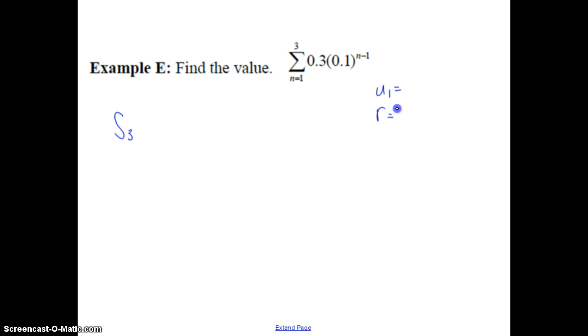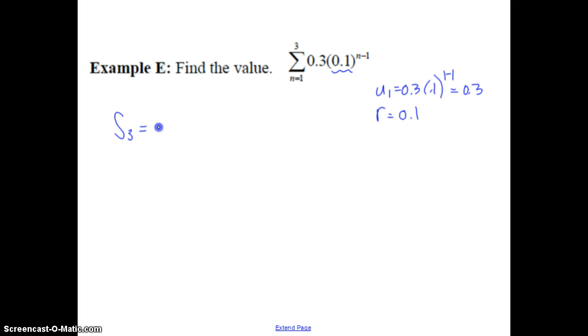To find my first term, I can do that by plugging 1 in for n. So I'd have 0.3 times 0.1 raised to the 1 minus 1. I can type this into my calculator and I get 0.3. Find my common ratio. Well, the ratio is just the number that is below the exponent, and in this case that is 0.1.